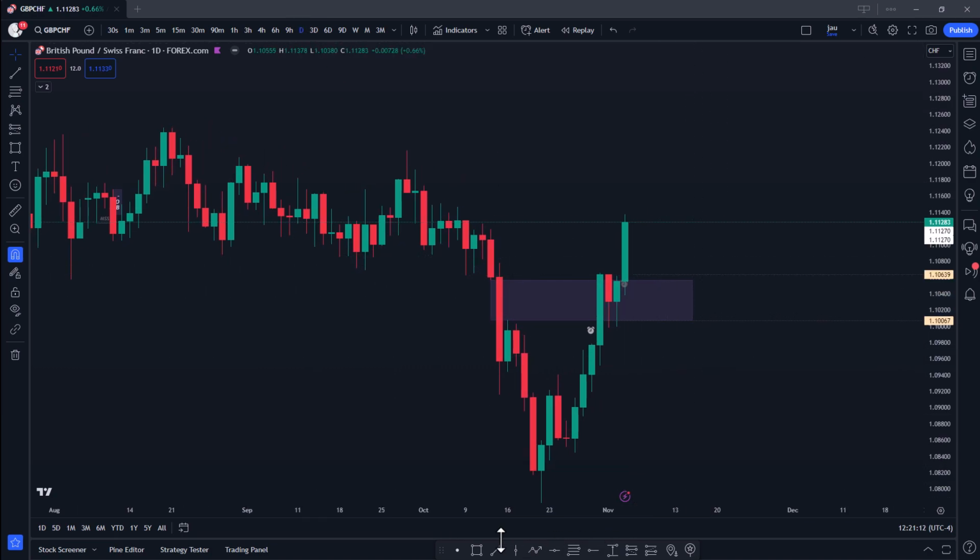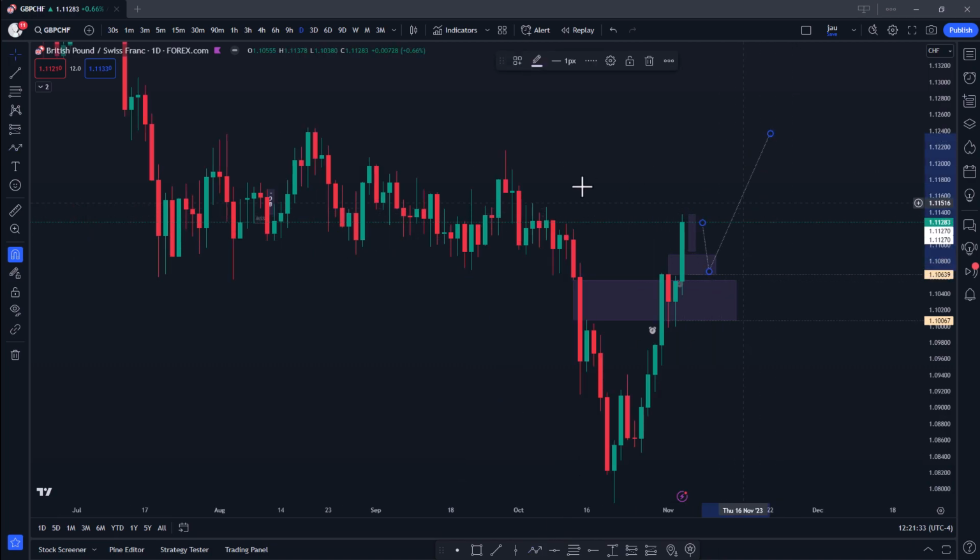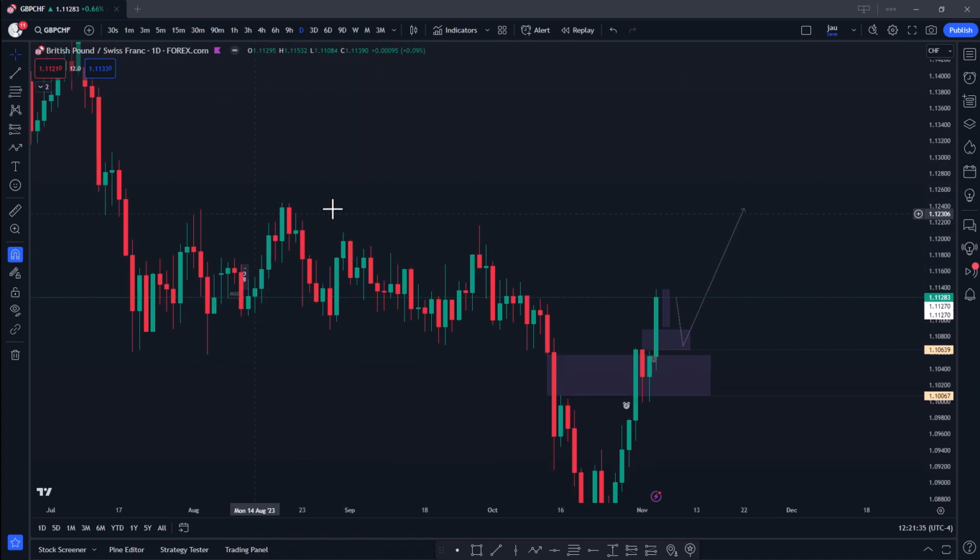So next week, what would be ideal is that we open on Monday like so, and then on Tuesday come into this potential fair value gap with an order block as well. So I would like to see if price could come on Tuesday, trade into this, and then push higher into the consolidation, the high of the consolidation here, these relative equal highs.